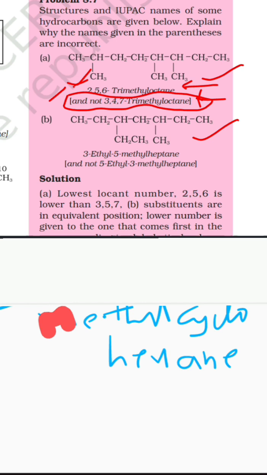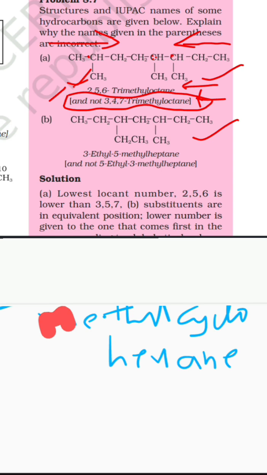So here the above name is 2 comma 5 comma 6 trimethyl octane. That means this carbon is 2, this carbon 5, this carbon 6. So if we give the numbering from left to right, the substituents will get numbering 2, 5, 6. But if we give the numbering from right to left, then substituents will get the number 3, 4, 7.